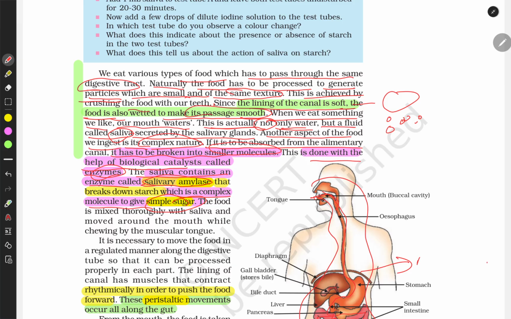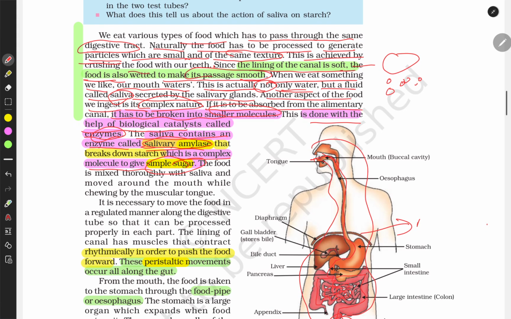Starch is made up of large glucose molecules, and the enzyme breaks it into simple glucose molecules. This enzyme is called salivary amylase.